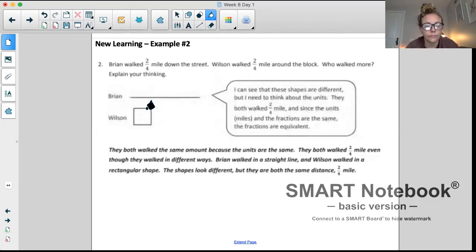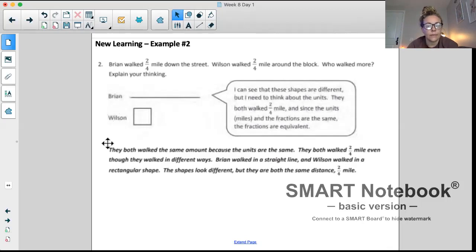So from here to here to here to here is what I'm looking at. This speech bubble here says, I can see that these shapes are different, but I need to think about the units. They both walk 2/4 mile, and since the units are miles and the fractions are the same, the fractions are equivalent. So your answer is written out already for you down here.